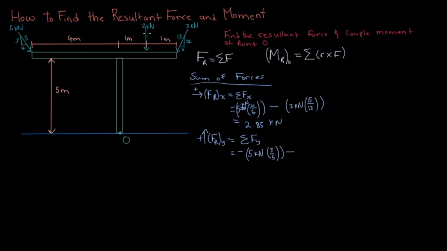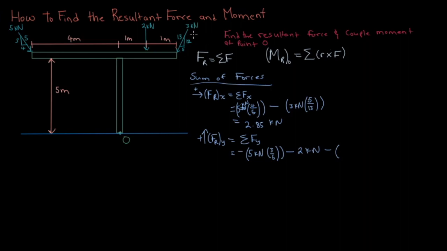Minus, and as you can see here, this force is completely vertical. There is no x component, which means the y component is just going to be equal to 2 kilonewtons. So minus 2 kilonewtons, because this force points downwards too. Then what is the y component of this force?